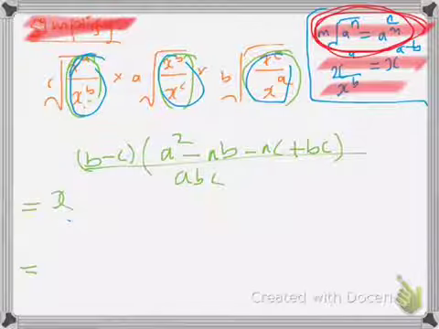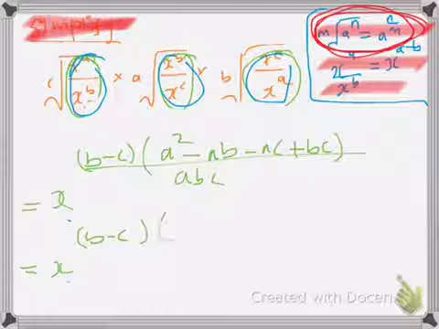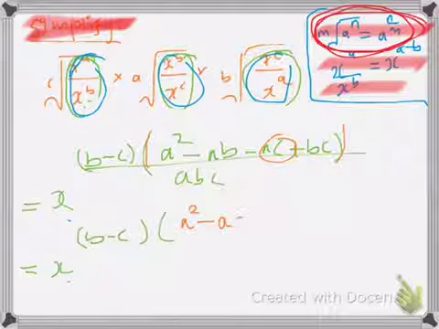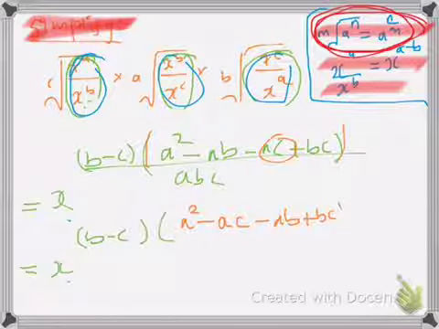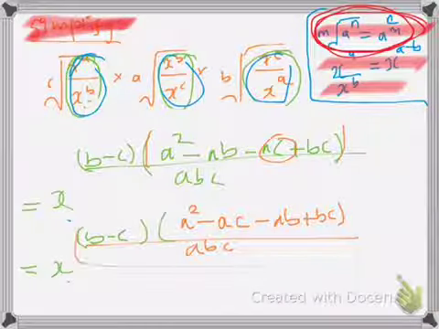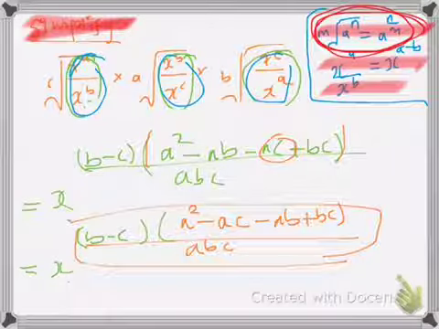Now on further simplification we can write this b minus c as it is, but inside this bracket, let us bring this a squared minus ac and make it our second term, minus ab plus bc I've written as it is, divided by abc. These all are powers, don't get confused.